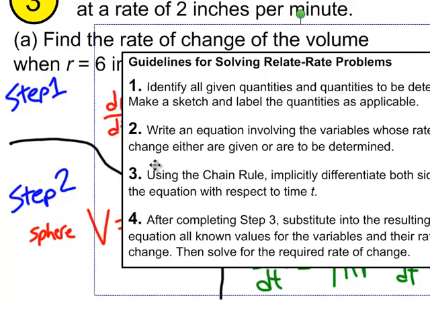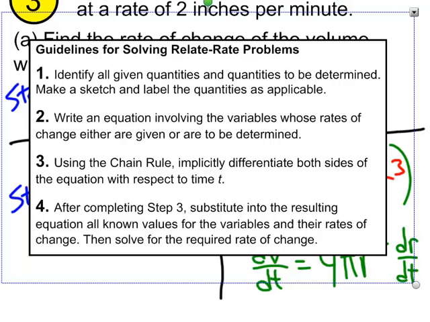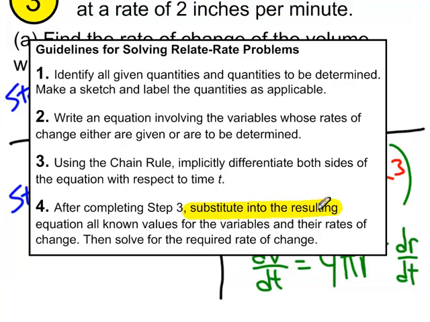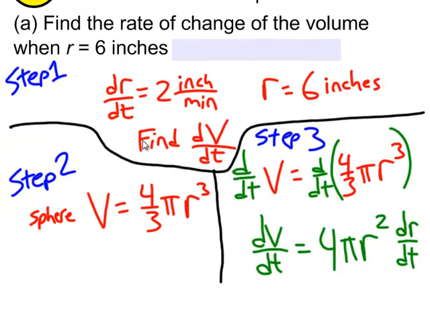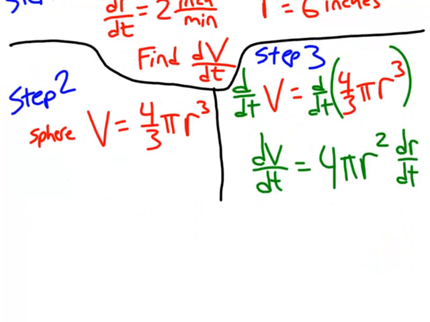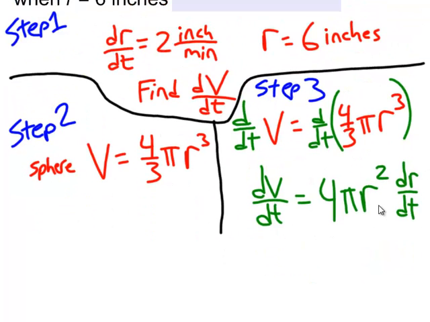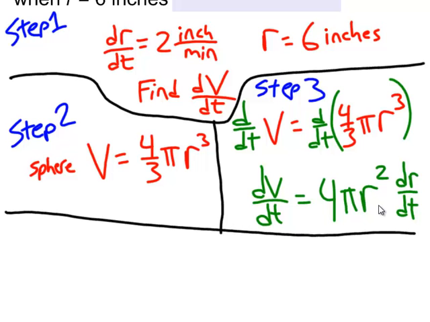Step 4, after completing step 3, substitute in all the values that we established in step 1, and then solve for the quantity that we were tasked with finding. Okay, so let's scroll down a bit, and we're going to plug in what we were given. So let's do this. Step 4.